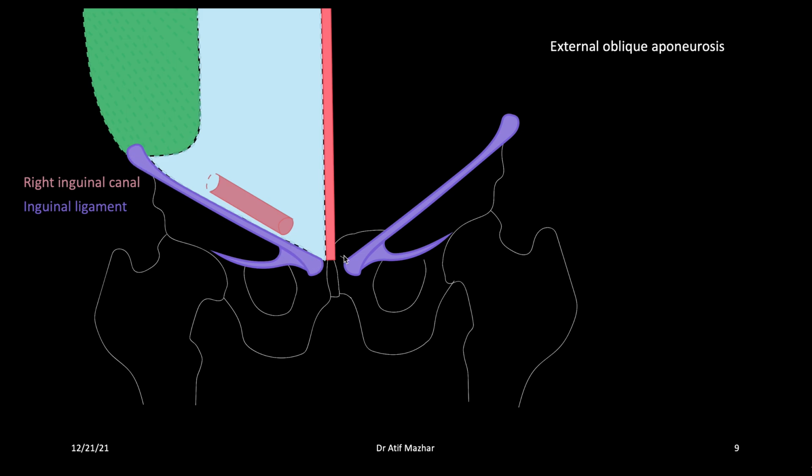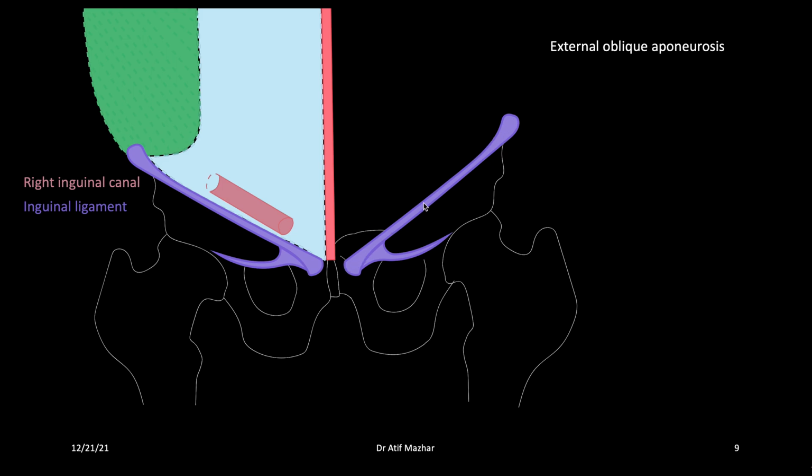And the remaining part of my external oblique aponeurosis is free, it's not attached. So it folds on itself. And this lower free part of the aponeurosis of external oblique, which is attached from the anterior superior iliac spine to the pubic tubercle, we call the inguinal ligament.